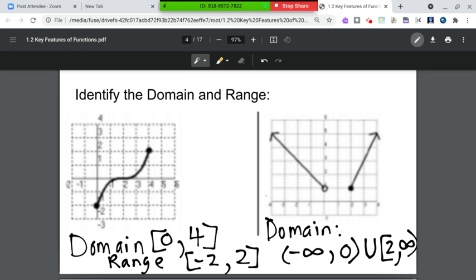Did you range. I forgot I got to do range. I'm sorry. Range. Okay, so with range, again we start from bottom to top. And so I look at my graph and I notice that it starts at a positive 1. It does not go lower than 1.